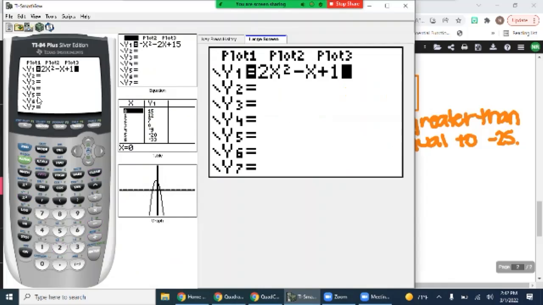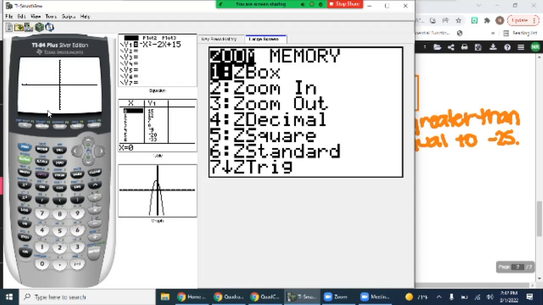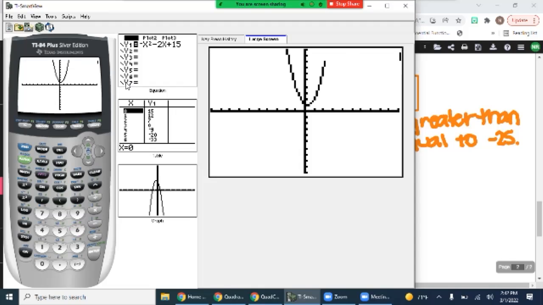Good guess. All right. After you type in the equation, Zoom 6. We're checking to see if we can see it. Can we see it? Yes, we can see it. Trick question. Do we have any x-intercepts on this one? We're not labeling the x-intercepts, but we do not, because the parabola does not touch the x-axis.